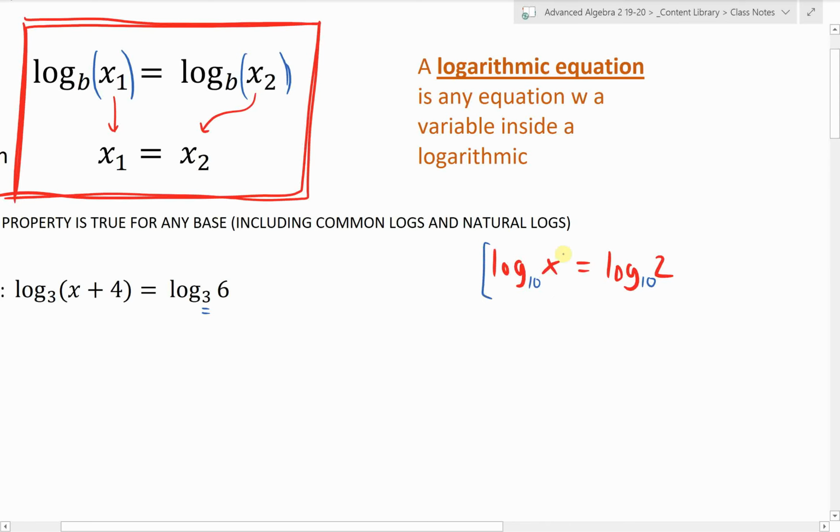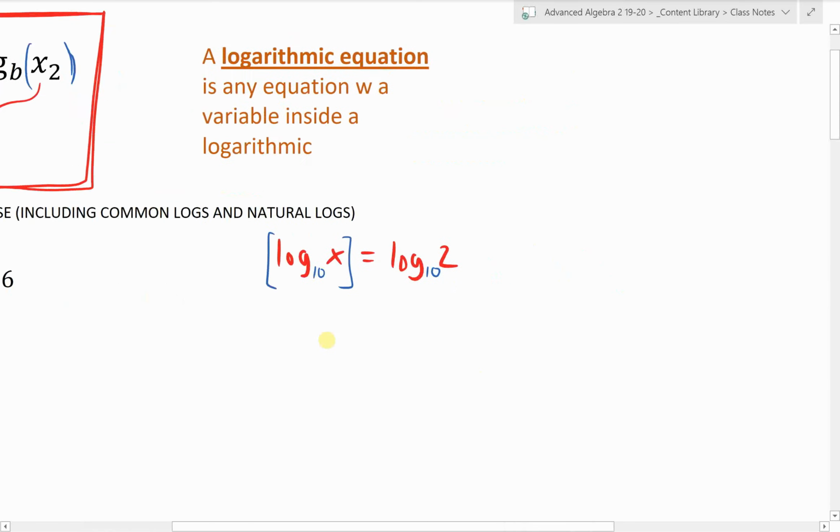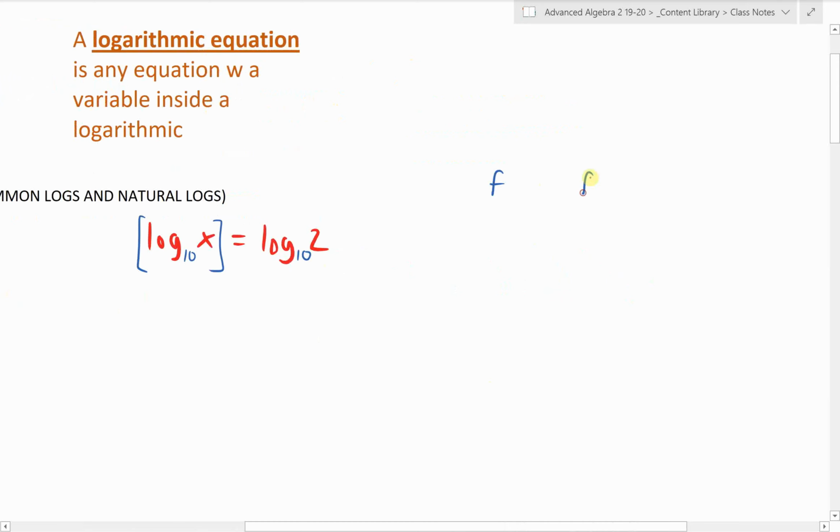So the inverse of log base 10, you'll remember we described the log function as the inverse of the exponential function. If I have an exponential function 10 to the x, its inverse is log base 10 of x. These guys are inverses of each other.